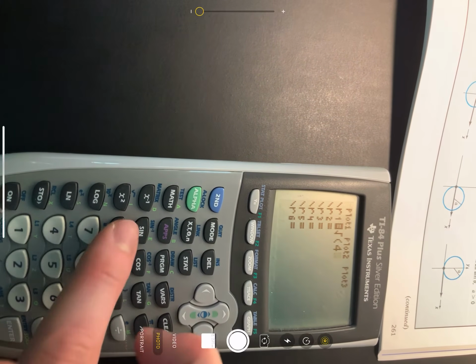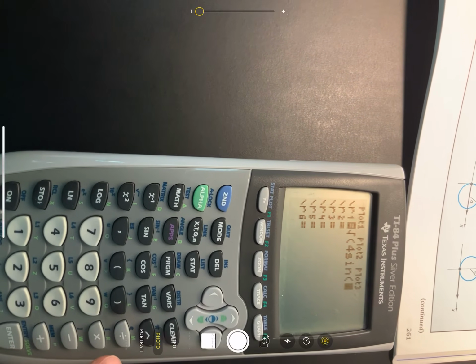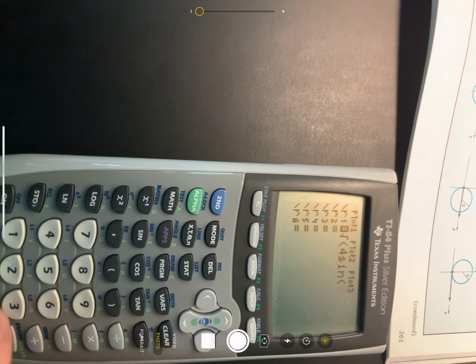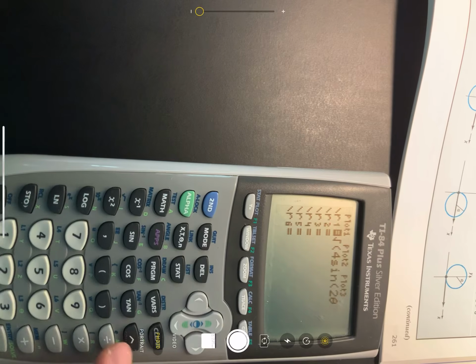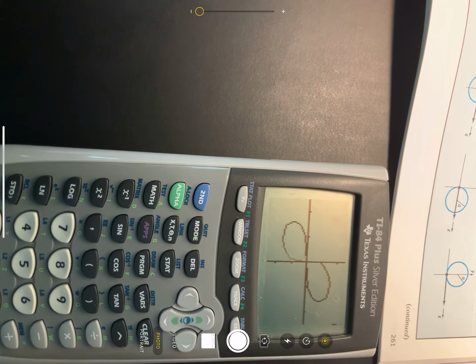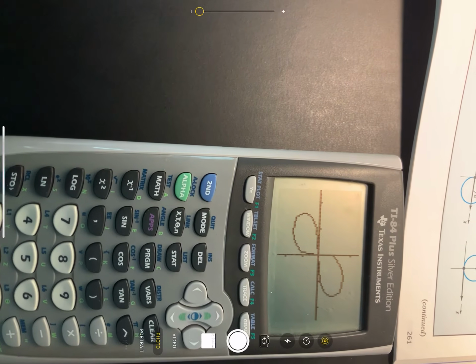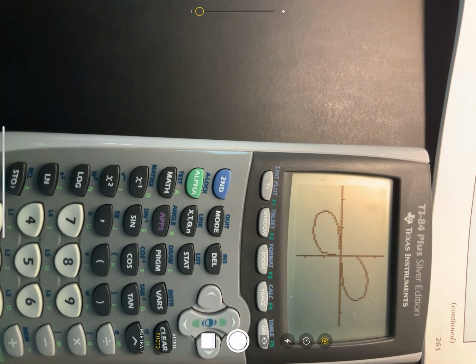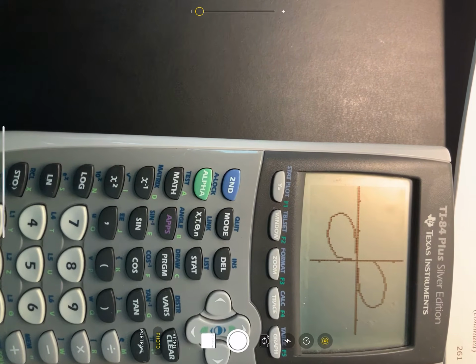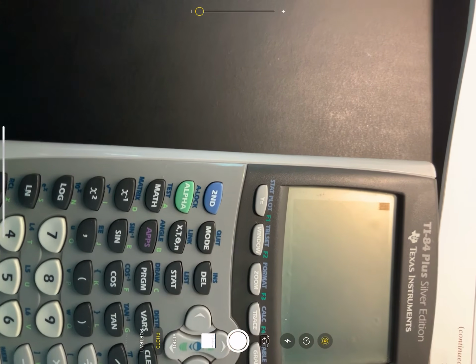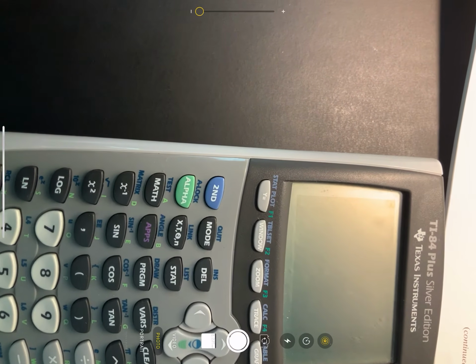Square root of 4 sine 2 theta. Close it. And then graph it. All right. So that's the lemniscates right there. Okay. So it doesn't look beautiful, but you know, close enough. Gets you an idea of kind of what these shapes look like.